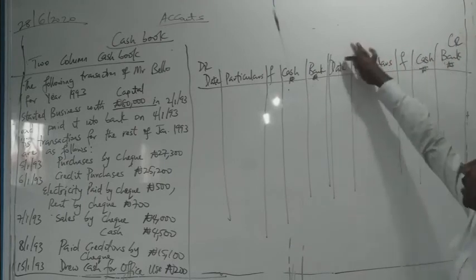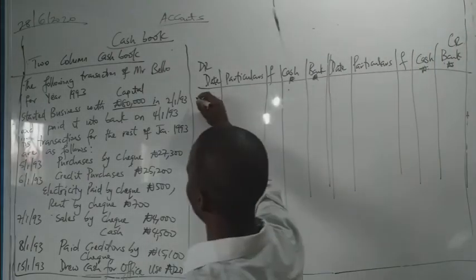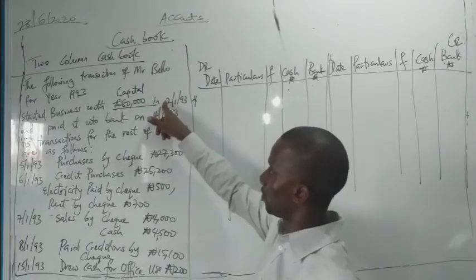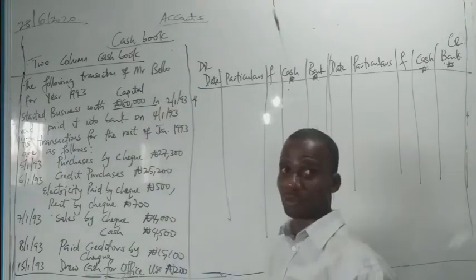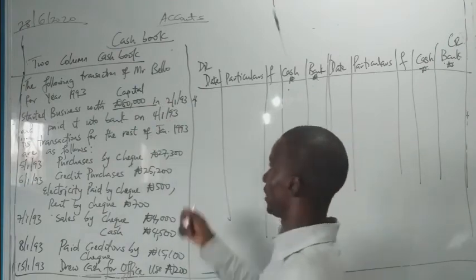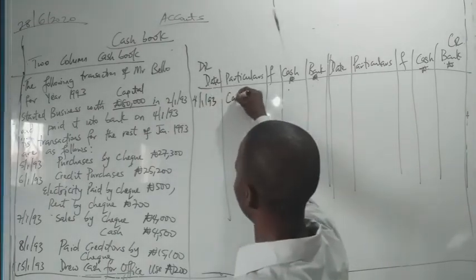It starts from here and ends here. So let's start with January 4th. Please, we are not going to use January 2nd because it didn't make any lodgement with the bank. He only made lodgement with the bank on the 4th, so that is the date we are going to put.